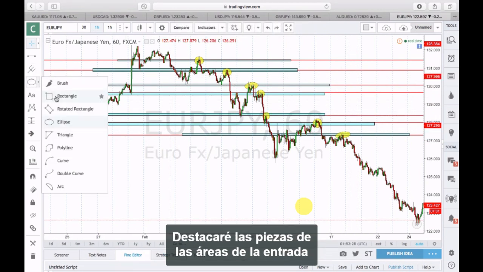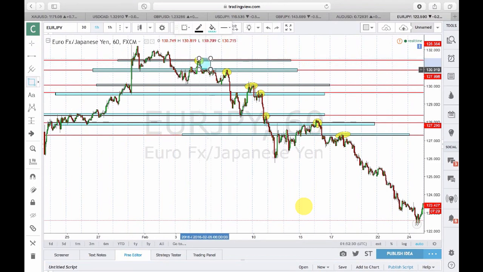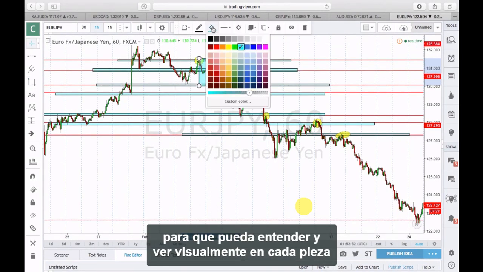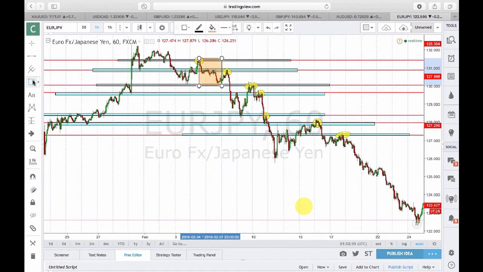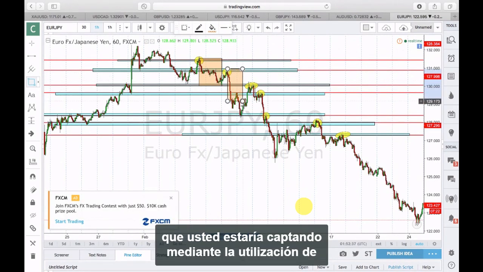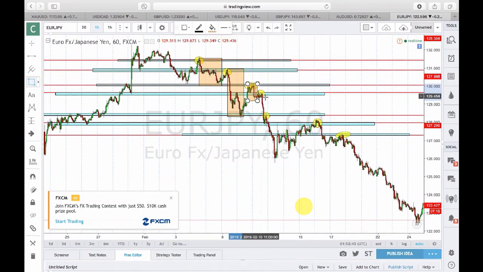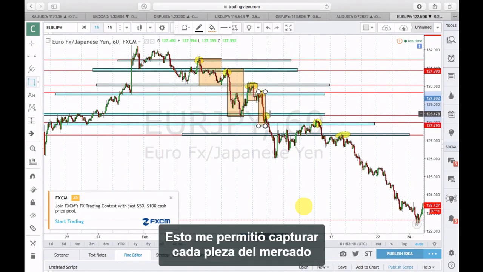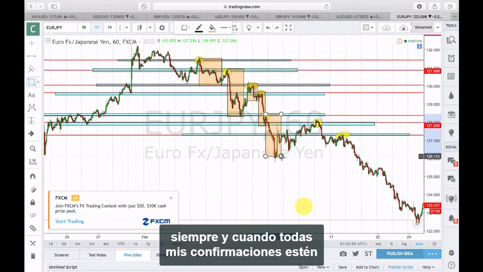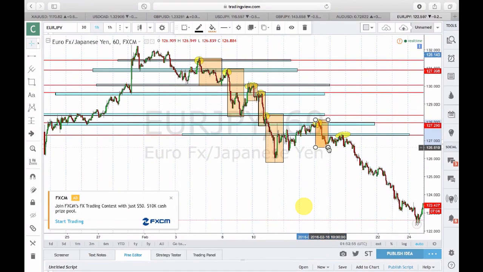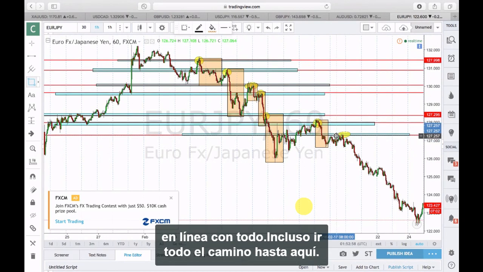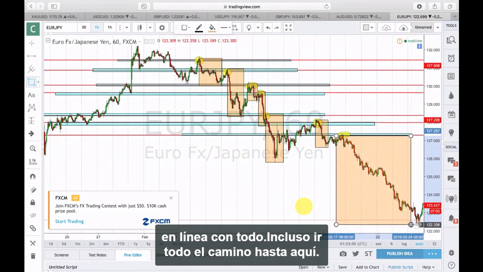I'm going to highlight the areas of the entry so you can understand and see visually every piece that you'd be capturing by utilizing this technique or this confirmation, okay? It allowed me to capture every single piece of the market as long as all my confirmations are in line with everything, okay?